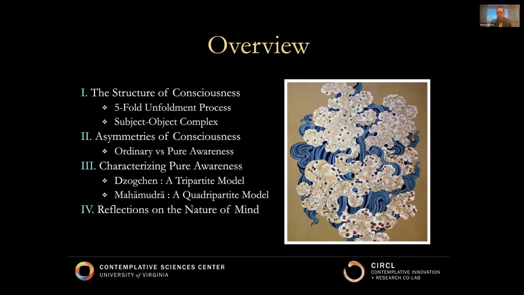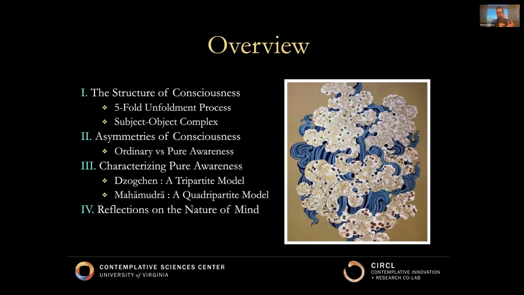That is to say that there's a twofold thinking around what consciousness is. In particular, we'll talk about it in terms of awareness, ordinary versus pristine or pure awareness, and I'll talk about that. And then we'll talk about, well, what is this pure awareness and how is it characterized?